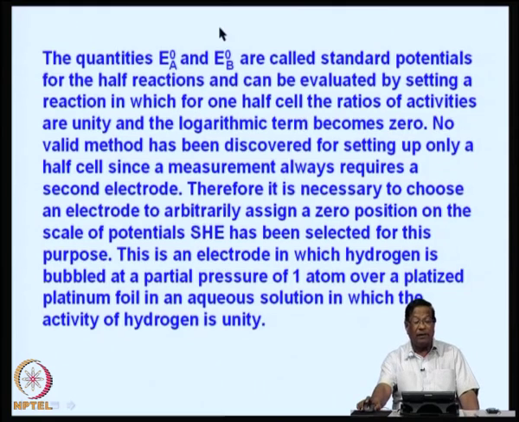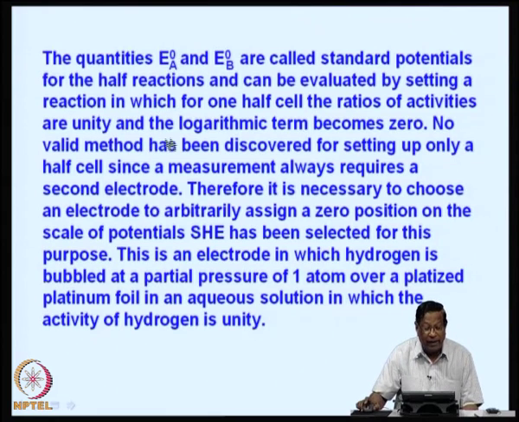The quantities E naught A and E naught B are called standard electrode potentials for the half cell reactions, and they can be evaluated by setting up a reaction in which the ratios of activities are unity and the logarithmic term becomes 0.